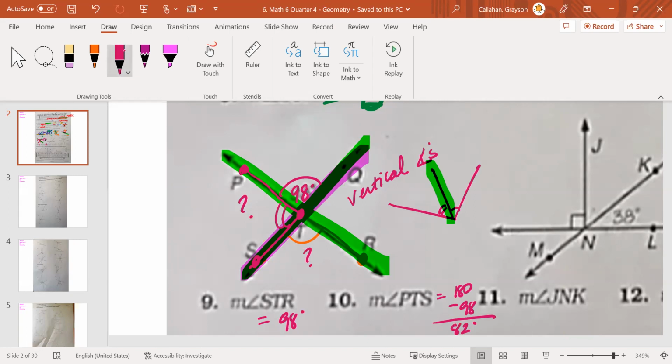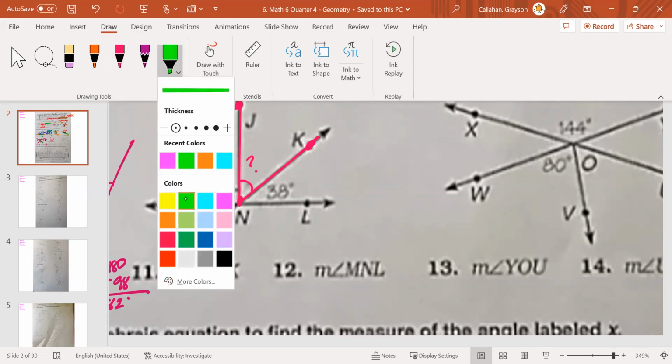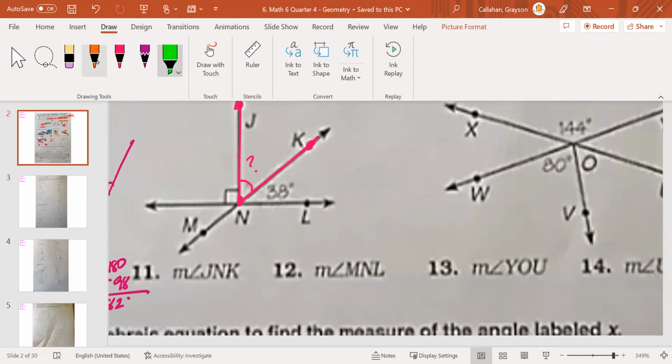Okay. All right, number 11, J N K. What are some of the hints they're giving you? What else?